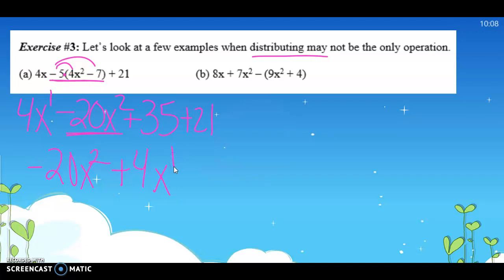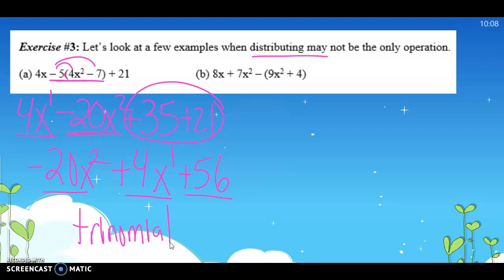So that goes down as 4x to the first. We clearly have some like terms here, so include their sign in front. A +35 with a +21. A little bit bigger numbers here, but we got this. +56. So there you go. It has 1, 2, 3 non-like pieces for a trinomial.